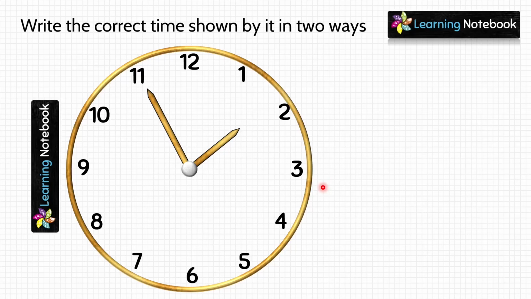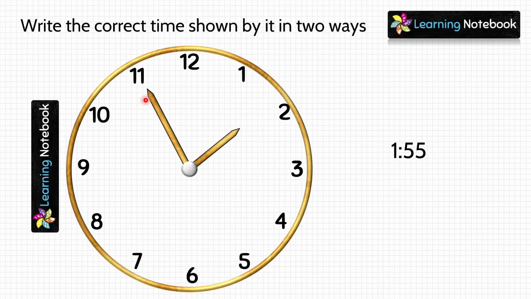Now let's move to the next question. Here take a look at this clock. Our hour hand is in between 1 and 2. So the hour is 1 and the minute hand is on 11. So how many minutes have passed? 55 minutes have passed.